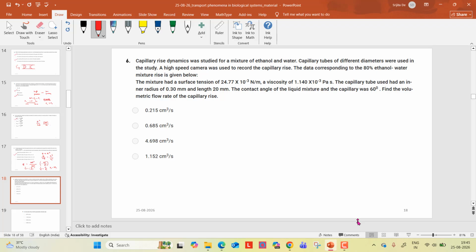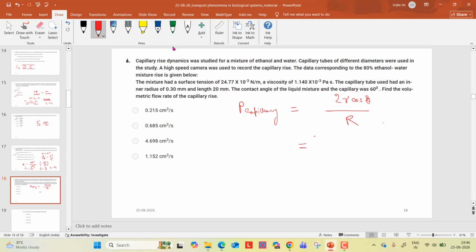So capillary driving pressure, we know it as, so P capillary, we know it as 2 gamma cos theta by r, right? We can calculate it.